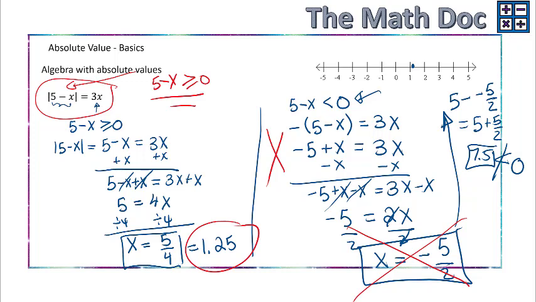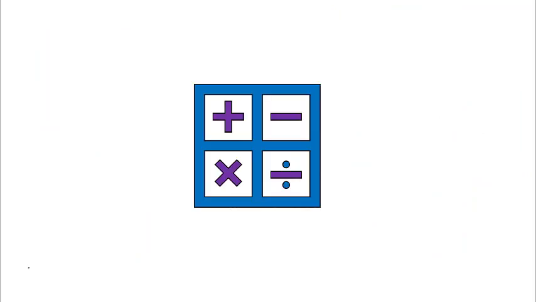We solve for both of these, and sometimes our solution is not a real solution because we may get a solution, but it does not satisfy our original requirement that we put in order to solve this equation.